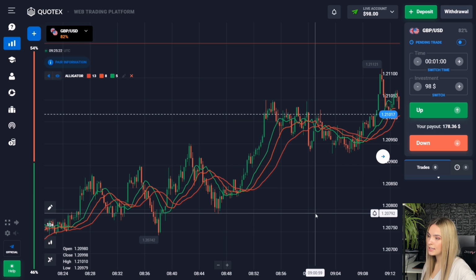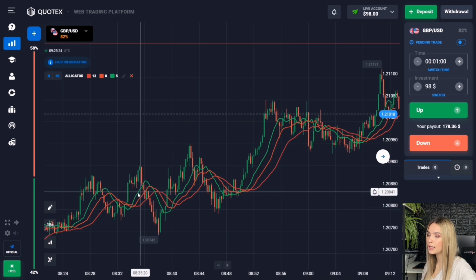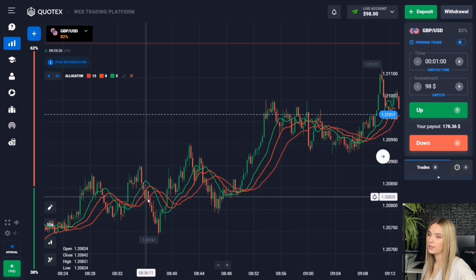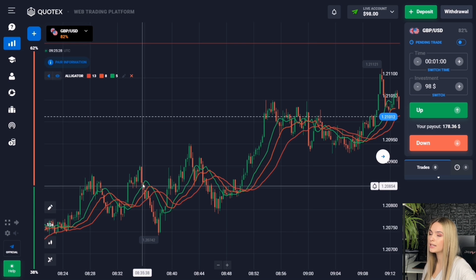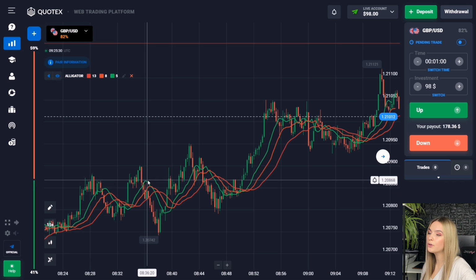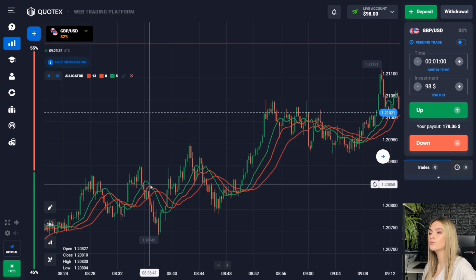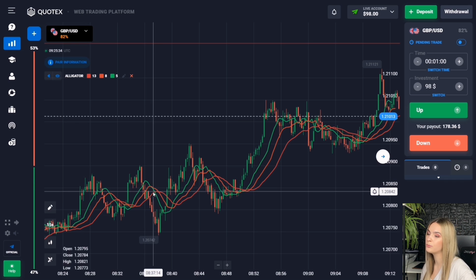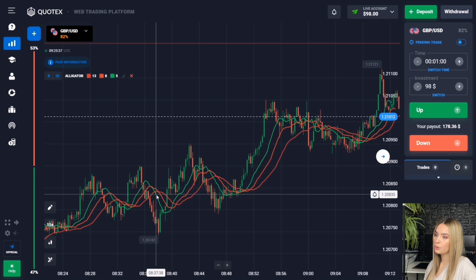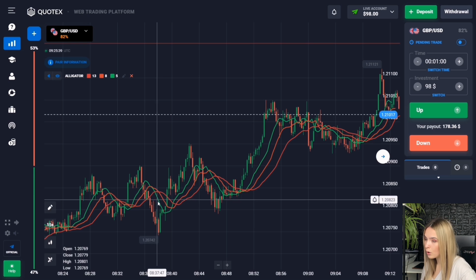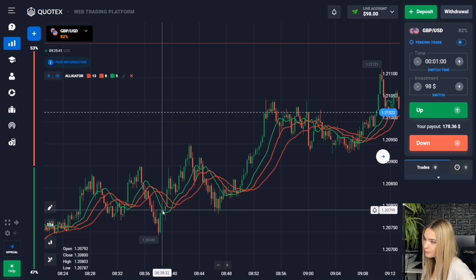As you can see, the indicator consists of three moving averages of green and red colors. So the signal for opening a deal is the moment when, for example, the green moving average begins to cross our second red moving average from top to bottom. This situation tells us that a downward movement is expected here.